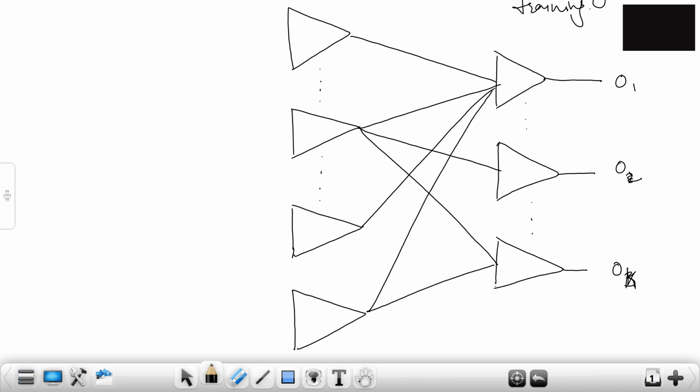Okay, so now inputs. Go to the input side. For that let's write over here. This is going to be Y1. Okay, YJ. This is basically going to be YJ.